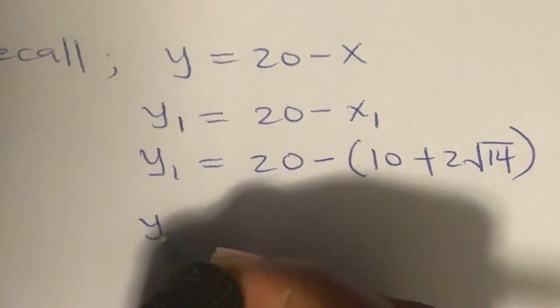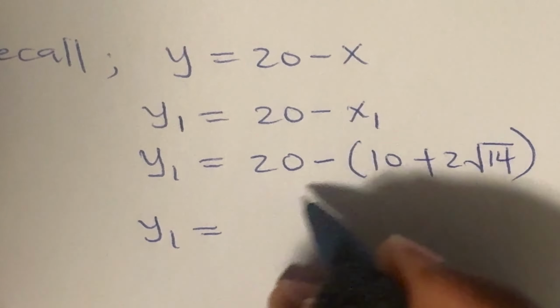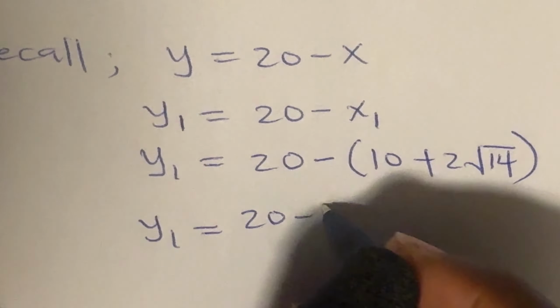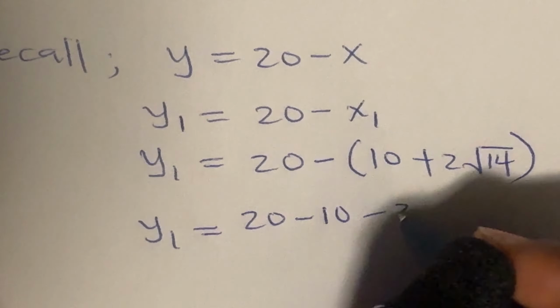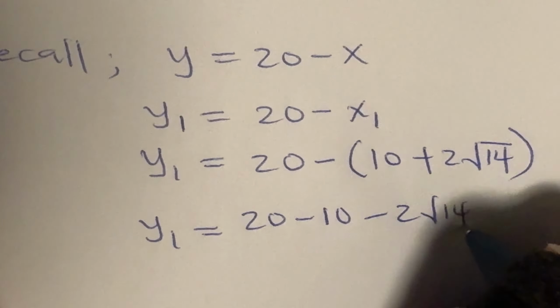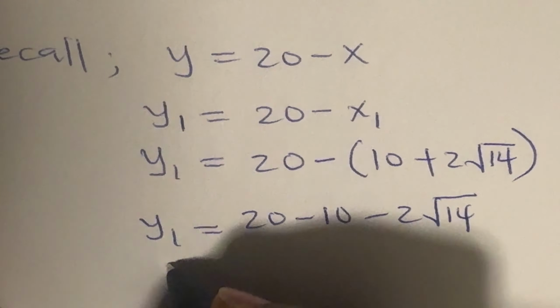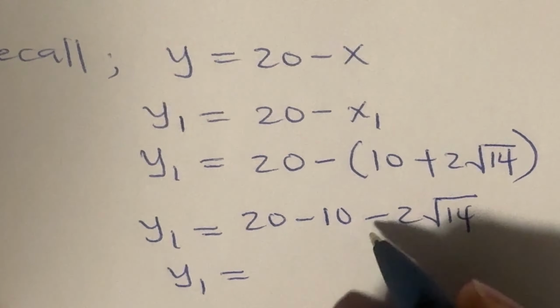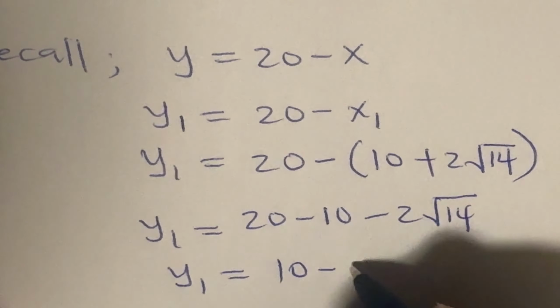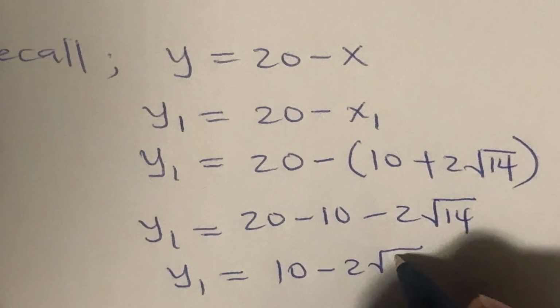Giving us y1, open the brackets, is equal to 10 minus 2 root 14.